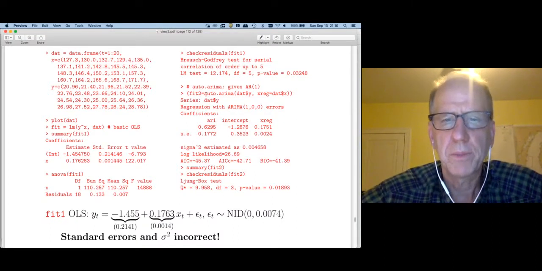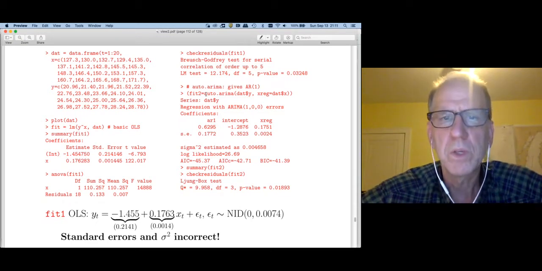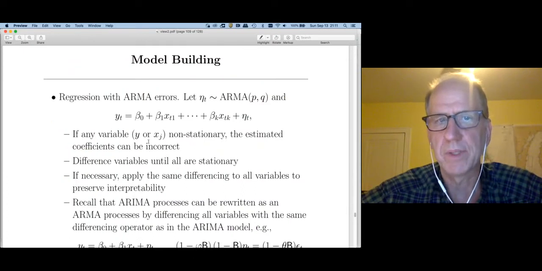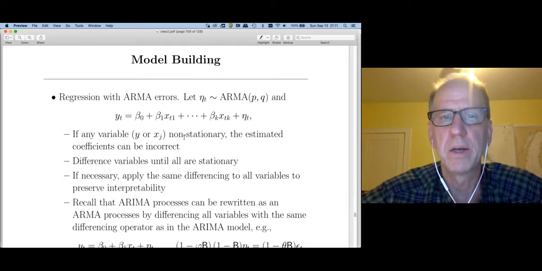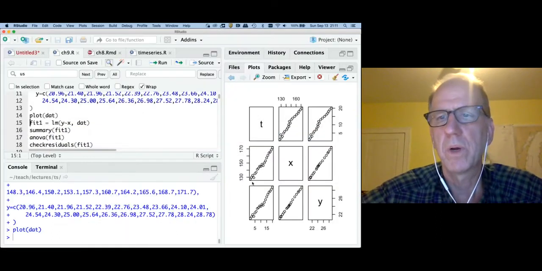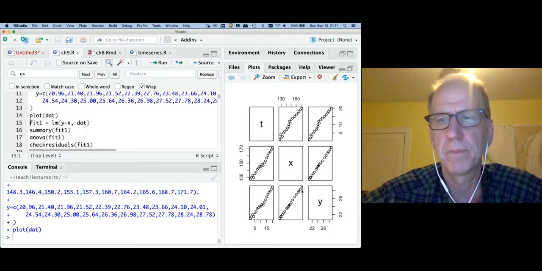However, there's a problem with what we're doing. The problem is we don't have stationary data. So remember, one of the requirements is that both x and y need to be stationary. And so if they're not stationary, we need to go take some differences. When I look at my scatter plot, this is not a stationary process.